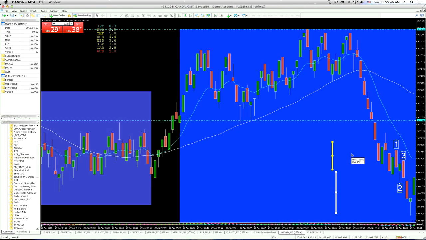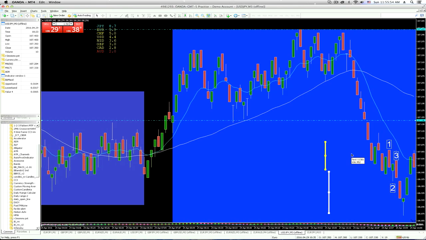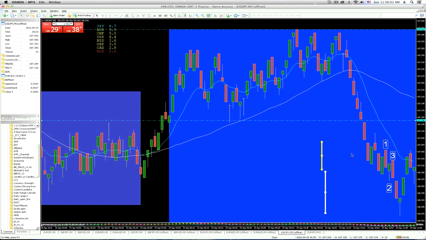We're getting closer to the end of the London session, which is where we want to stop. Now we're coming up higher and even higher. Now, at this point, this is looking more like a real retrace. Let me show you what I mean here.